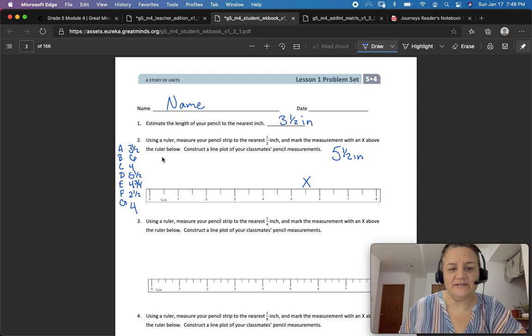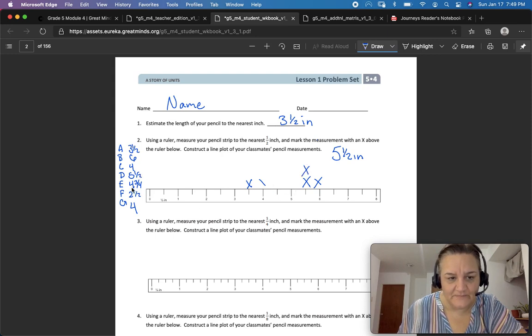Okay, so what we're going to do is construct a line plot of your classmates' pencils. We're going to imagine that they're the kids in this class, and then we're going to plot them on this line. Plotting them means write them in. So 3.5 would be right here. 6 is here. 4 is there. 5.5 would be 5.5, just like my pencil. 4 3/4 would be 4.5 and then 3/4 right there.